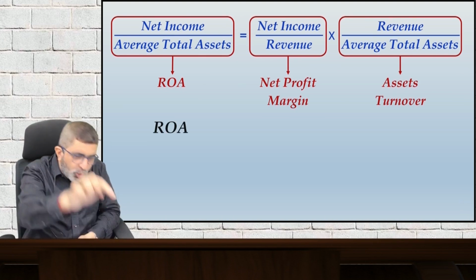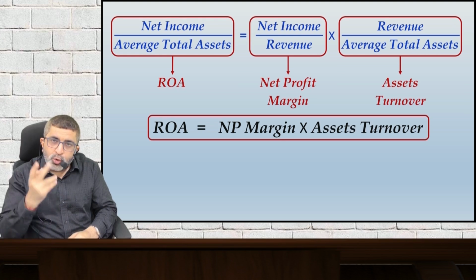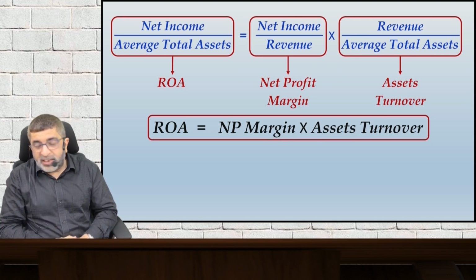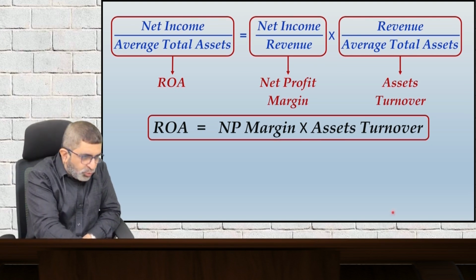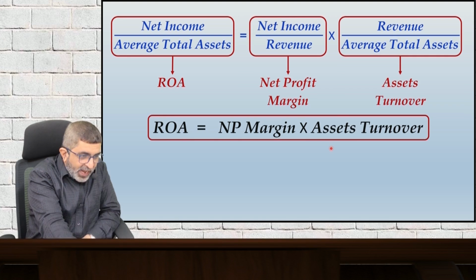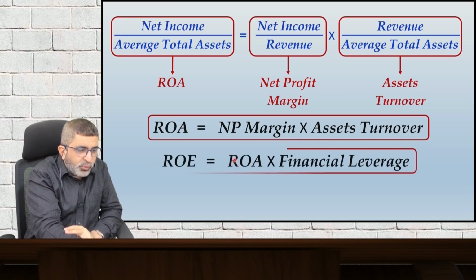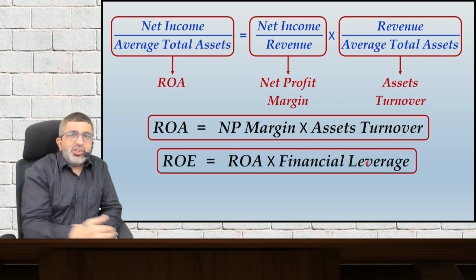So what we could do in this equation, we could break down return on asset into two terms, that is the product of these two ratios. Which two ratios? Net profit margin and assets turnover will give you the return on asset. And in the earlier equation that we have learned, return on equity was return on asset into financial leverage.